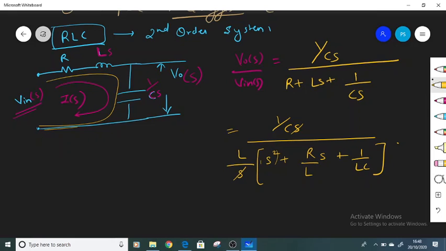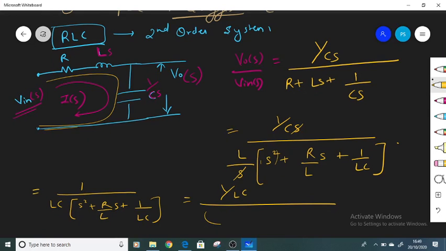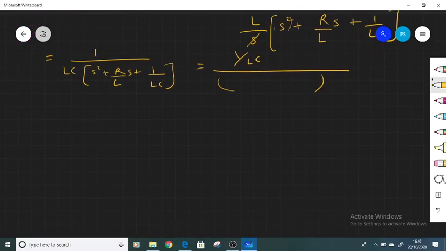ओके, यहाँ से s s कैंसिल हो जाएगा. So you will get, this can be rewritten as 1 divided by LC, inside the bracket you have s square plus R by L into s plus 1 divided by LC. Okay, or I can write this as 1 divided by LC divided by the same thing. So what was the transfer function that we were getting in the standard second order system?